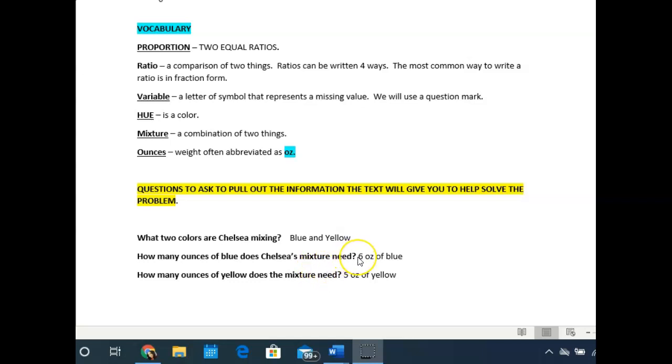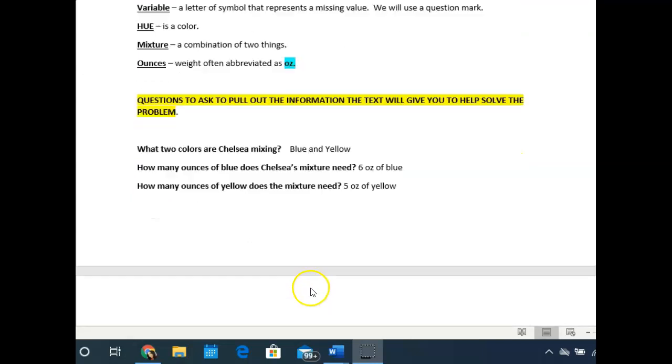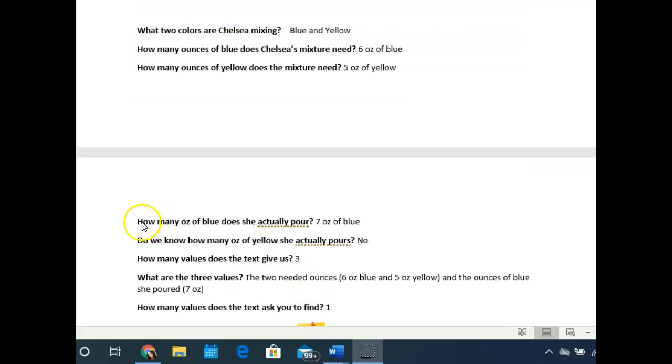So the mixture calls for 6 ounces of blue and 5 ounces of yellow. But how many ounces of blue does she actually pour? She actually pours 7 ounces of blue.